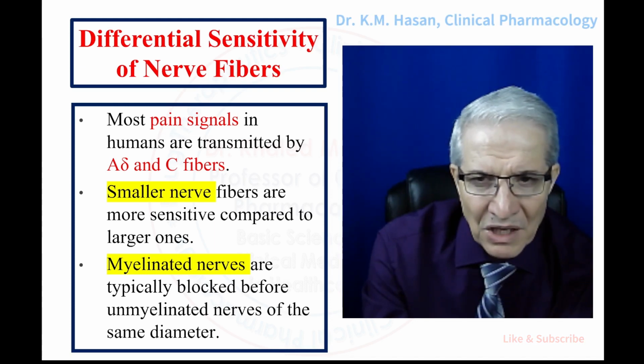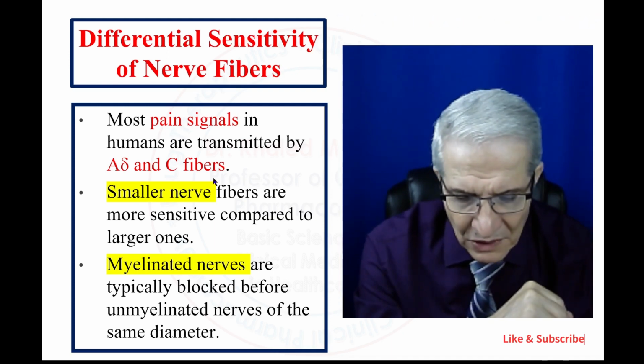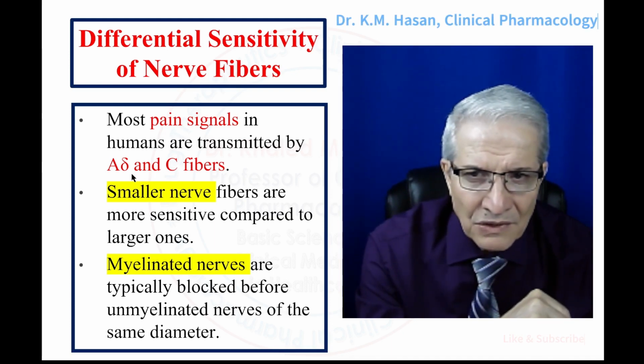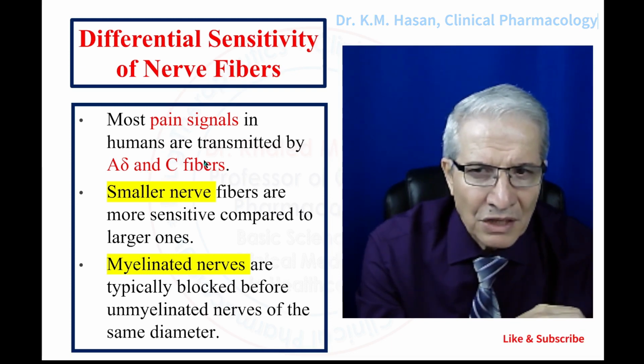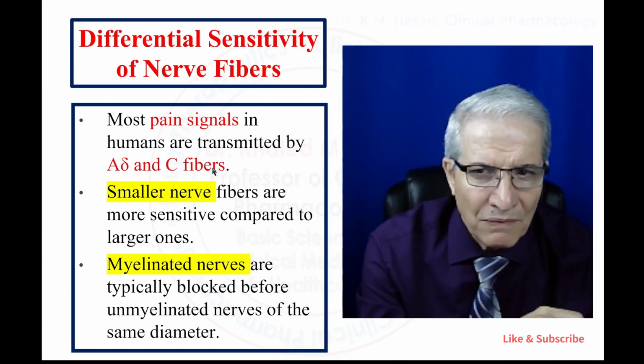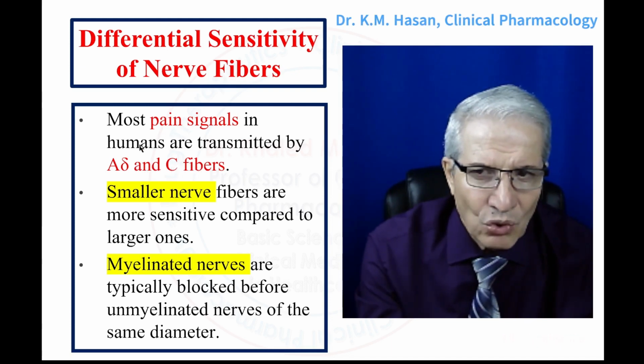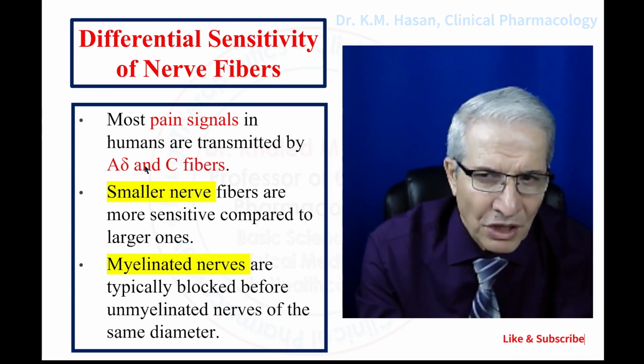The specific types of fibers responsible for pain signals are the A delta fiber and the C fiber. These are the nerve endings responsible for transmitting pain. So most pain signals in humans are transmitted by two types of nerves, A delta fiber and C fiber.